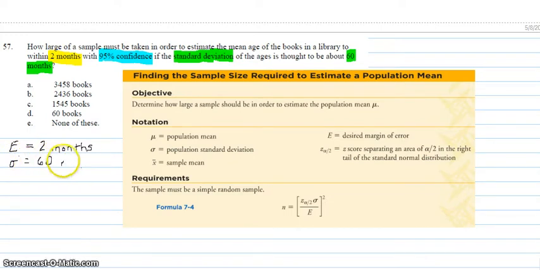So 60 months. We said the confidence was 95%. And because the confidence is 95%, we know then the alpha is 0.05. And then it's given us the formula over here to the right.